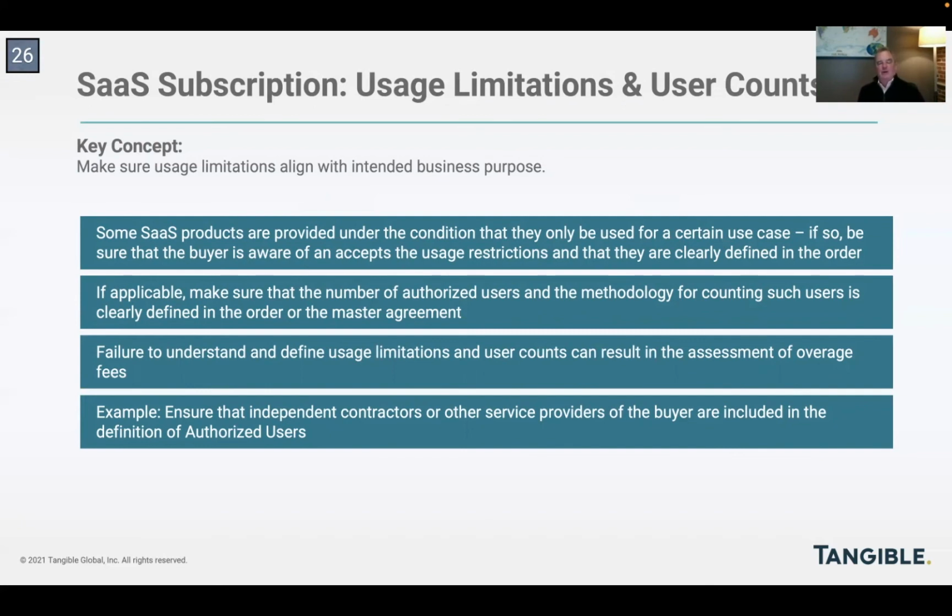Is there a cushion for excess usage? What's the pricing impact for usage that either materially falls short of the expectation or materially exceeds the expectation when going into the order? All of those should be covered in the order and clearly set out, just as we talked about with software orders.